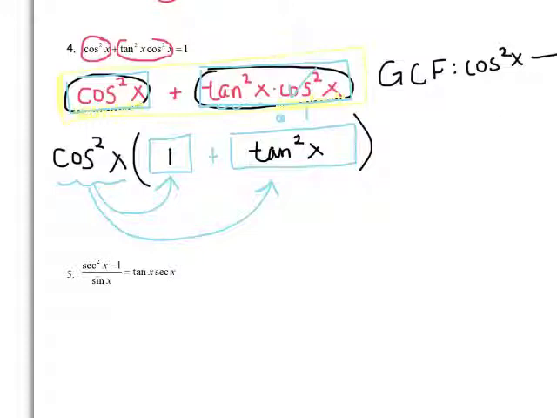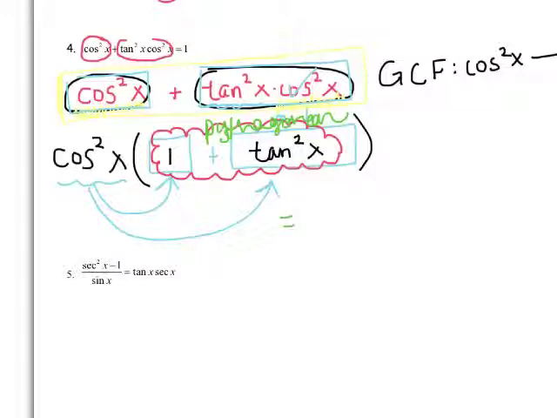All right. From here, what I notice is that 1 plus tangent squared. I don't know which Pythagorean it is, but I absolutely am hoping that this is a Pythagorean theorem, because if it is, it's going to make things a lot easier. I don't know how, but it will.